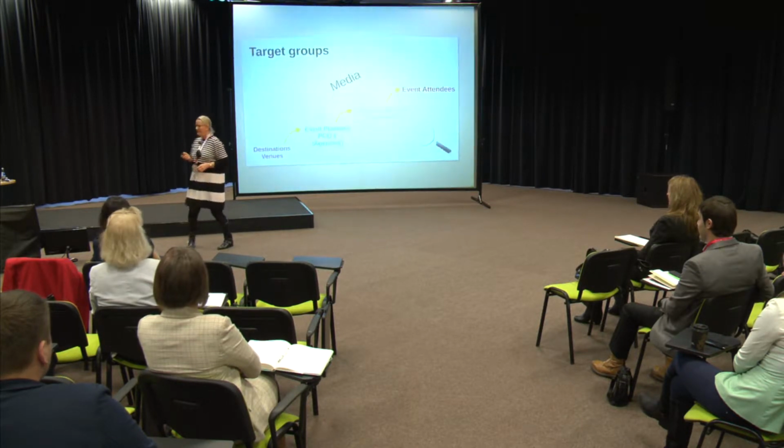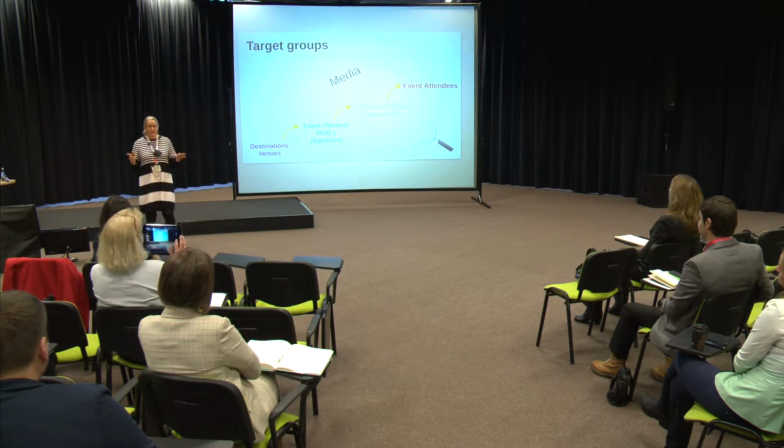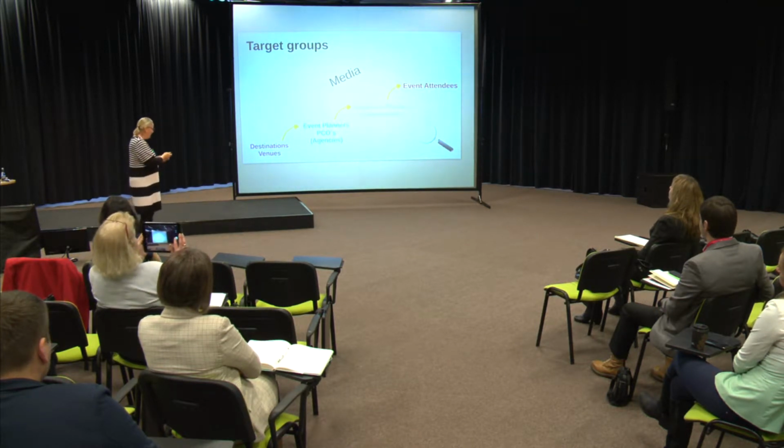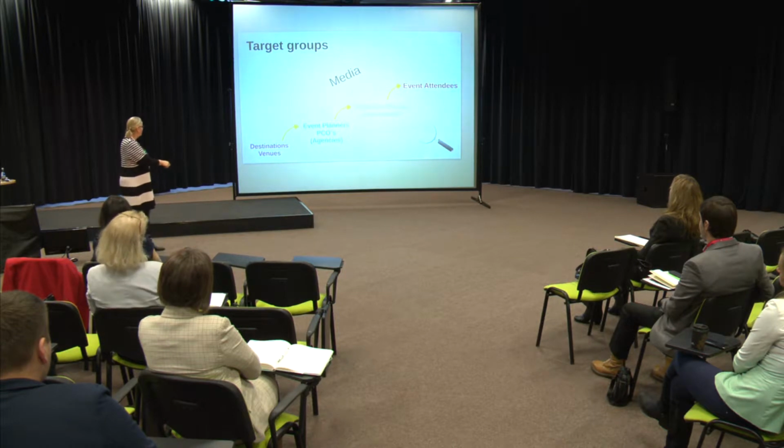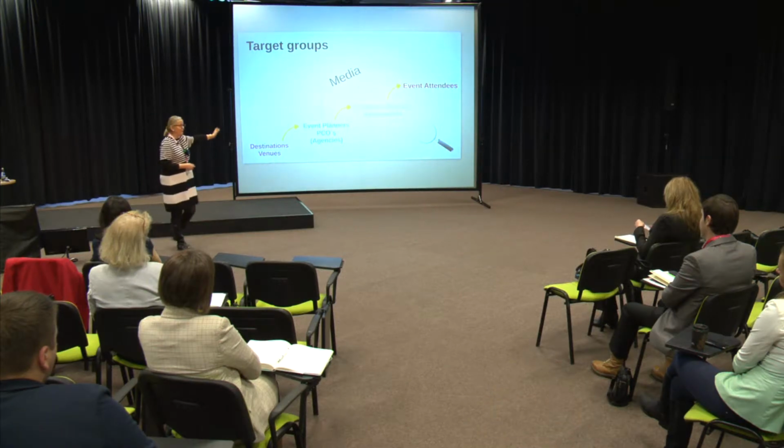So what are the target groups when we speak about our industry again? We have, first of all, the destinations, the venues, a DMC maybe, a hotel, whoever wants to really publish information and get out to target groups to get business. So the first target group is the event planners.